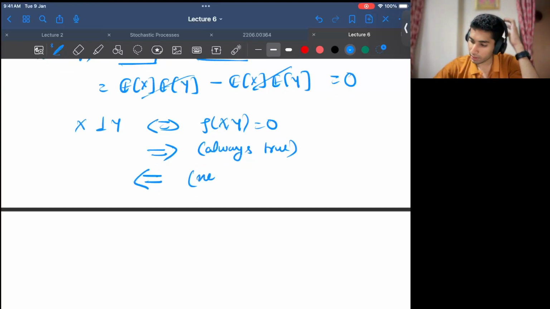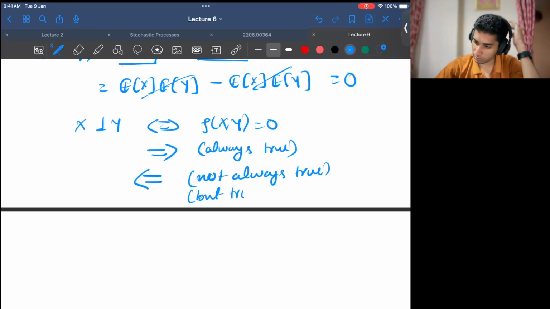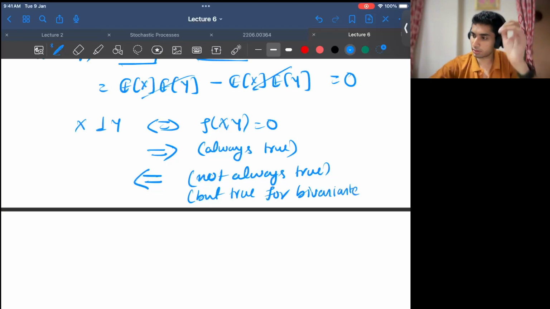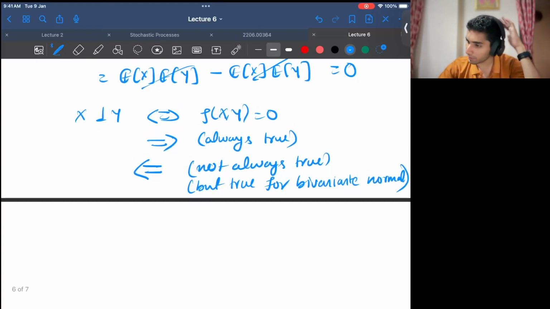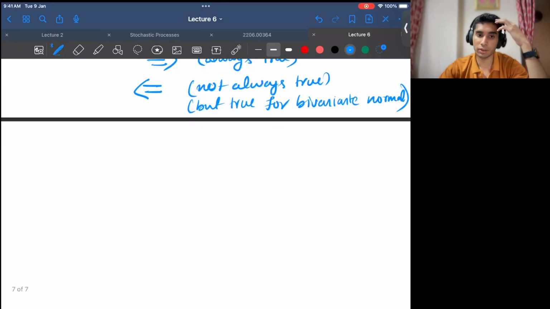Not always true, but true for bivariate normal. This is the catch: in case of bivariate normal distributions or joint Gaussian distributions in general, uncorrelatedness implies independence.